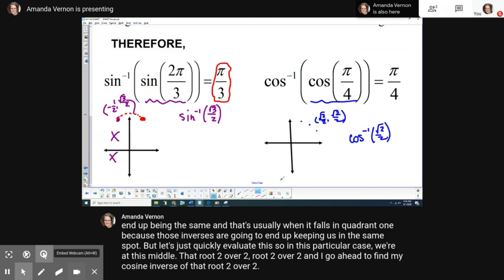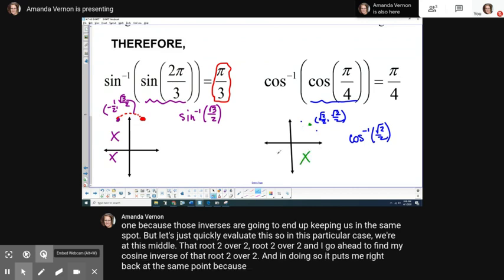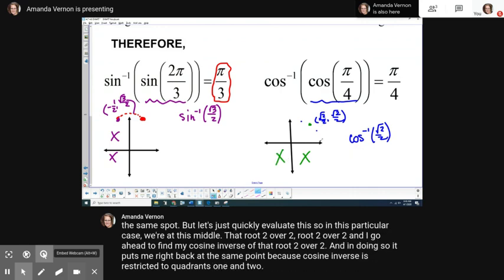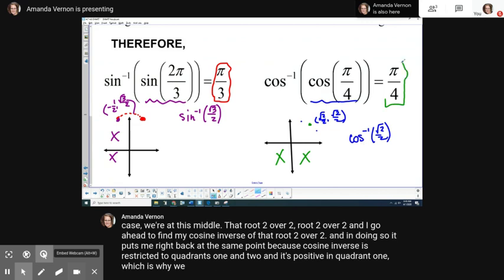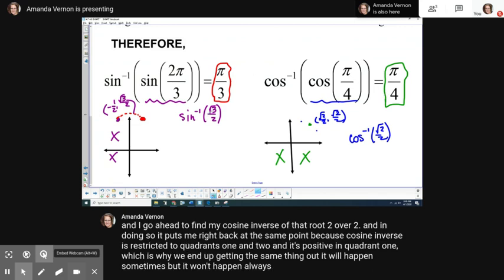And in doing so, it puts me right back at the same point because cosine inverse is restricted to quadrants 1 and 2, and it's positive in quadrant 1, which is why we end up getting the same thing out. It will happen sometimes, but it won't happen always. So definitely be sure to be cautious around these types of problems.